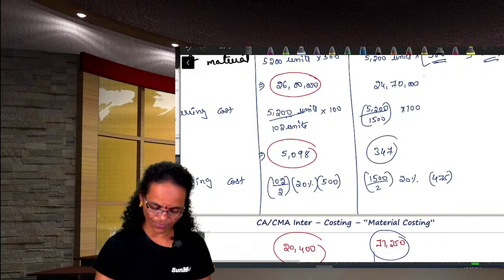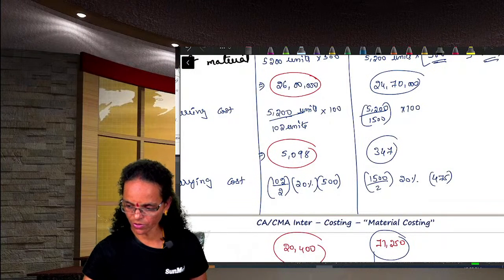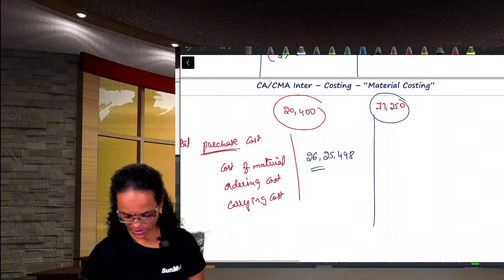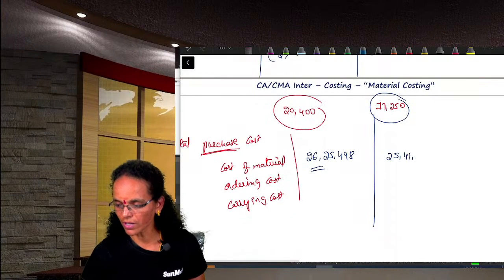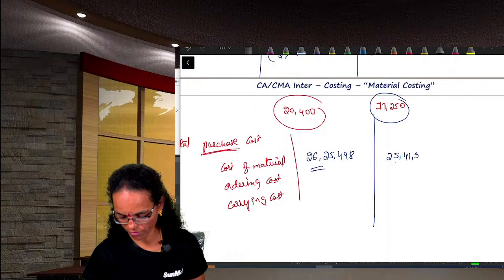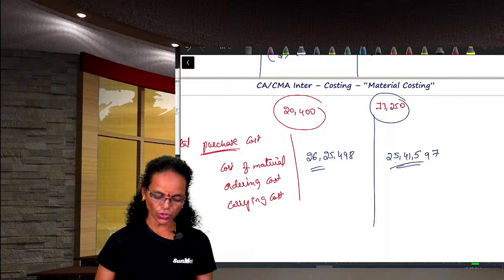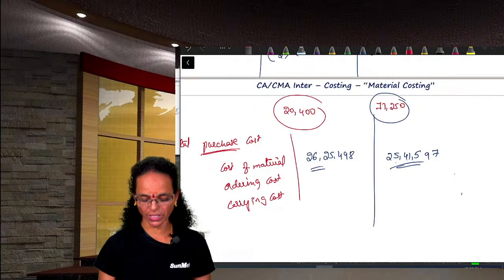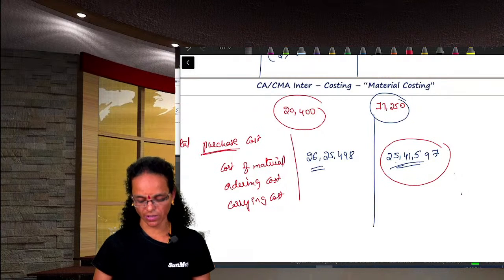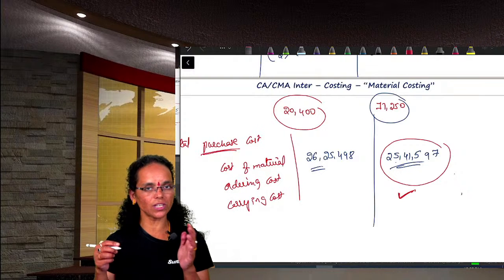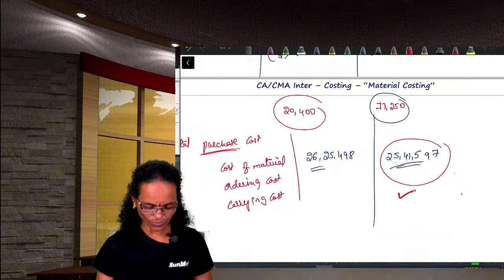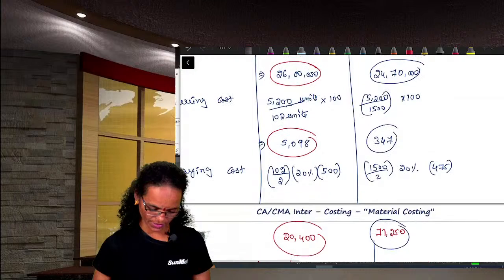At discount, 24 lakhs 70,000 plus 347 plus 71,250 is 25 lakhs 41,597. So in this second situation, we got the total purchase cost less at the discounted price. So we will give the suggestion to purchase the goods at a discount price in a lot of 1500 units in a single go. Understood, right?